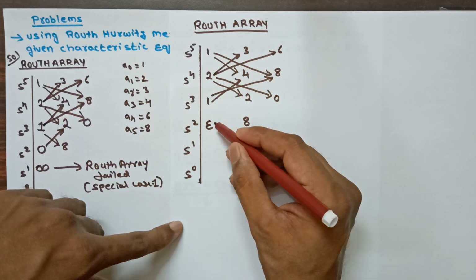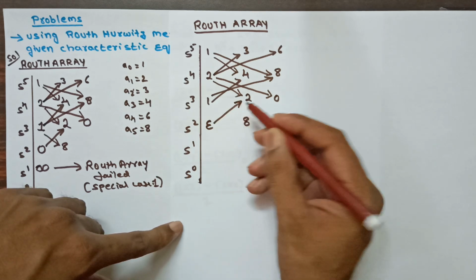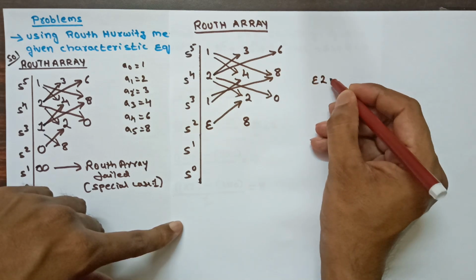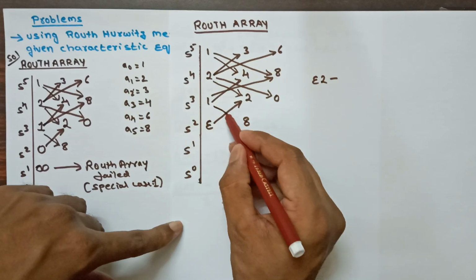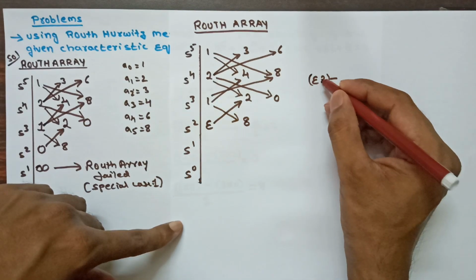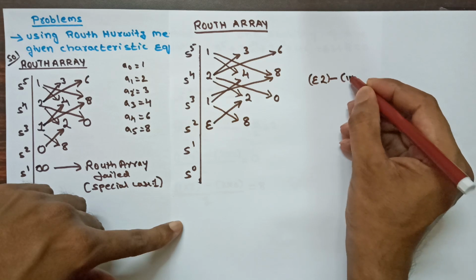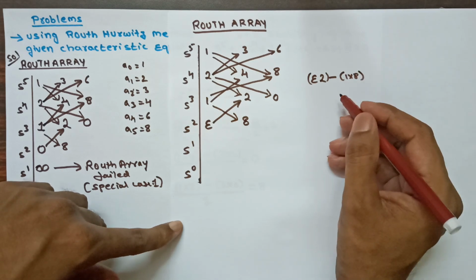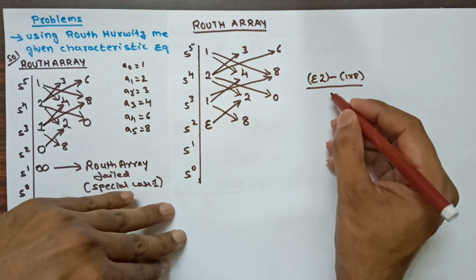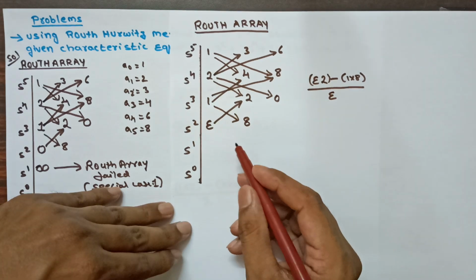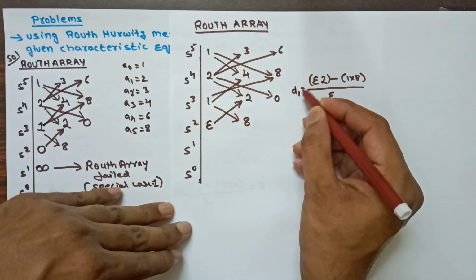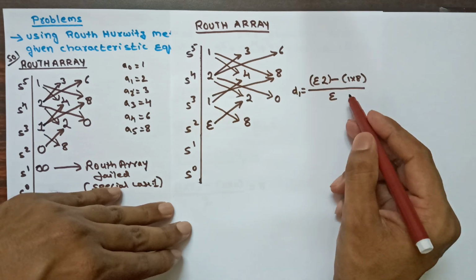Now by multiplying epsilon into 2 minus 1 into 8, whole divided by epsilon, we equate this value to d1.